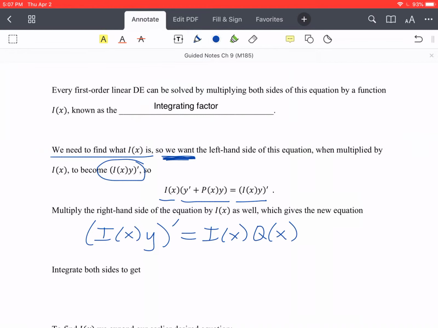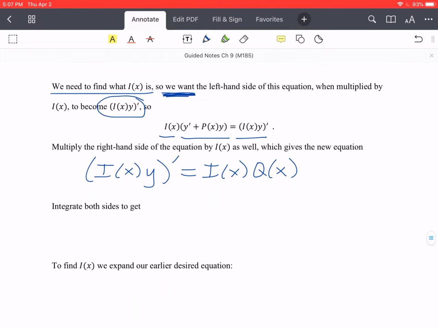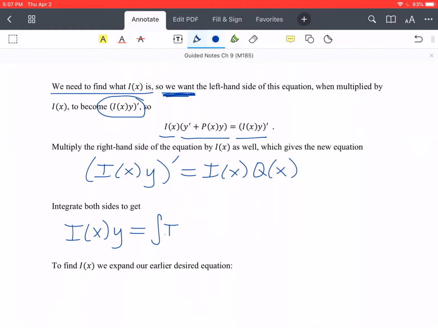Now, if we integrate both sides of this, well, integrating the left-hand side, that's just going to undo the derivative, so that just leaves us with I of x times y, and then on the right-hand side, we have the integral of I of x times q of x dx.